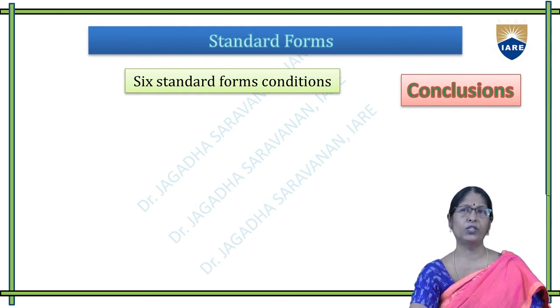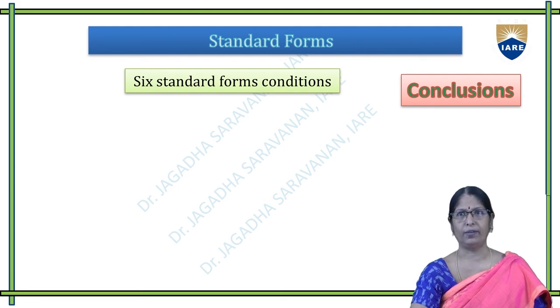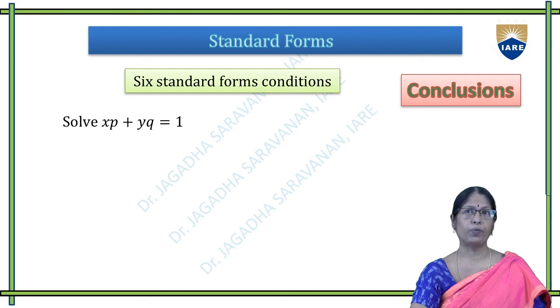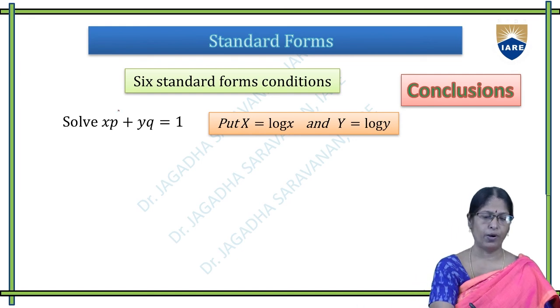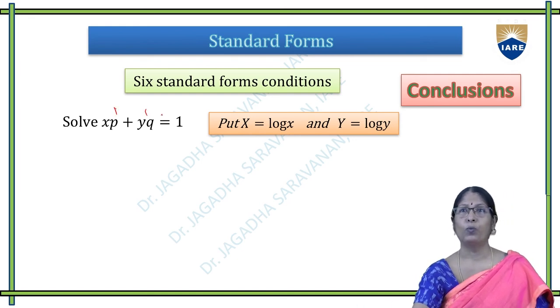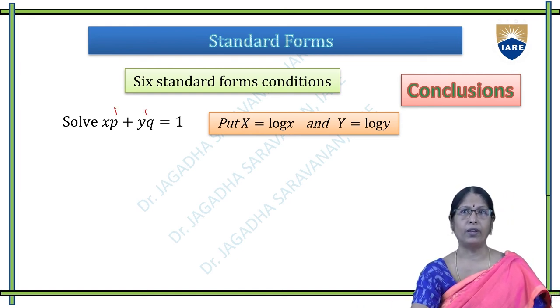So all this we discussed in detail. Next we selected a problem, that is, solve xp plus yq equal to 1, for which our x and y powers are 1. So we have taken the condition m and n equal to 1. We assumed this one, and we obtained the result.